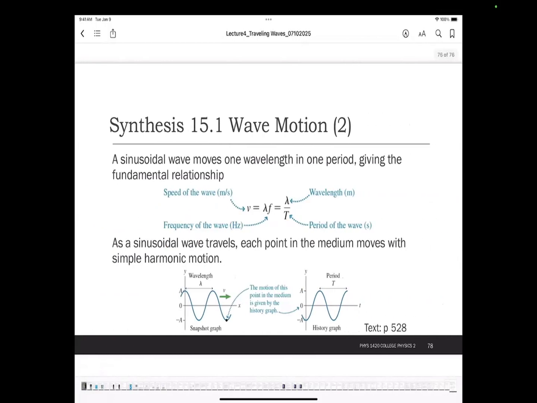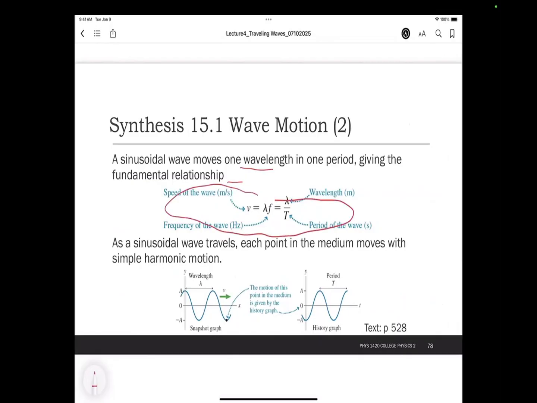A sinusoidal wave moves one wavelength in one period, given the fundamental relationship. We talked about this a lot in this part, but the most important thing is this equation. If you can calculate the frequency or the period, you know the wavelength, and you can know the speed of the wave.